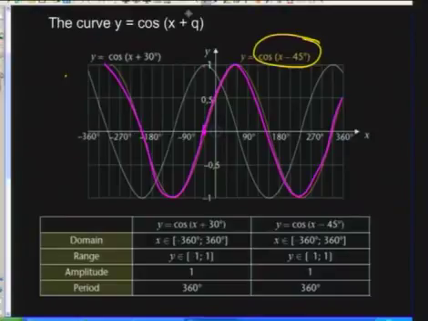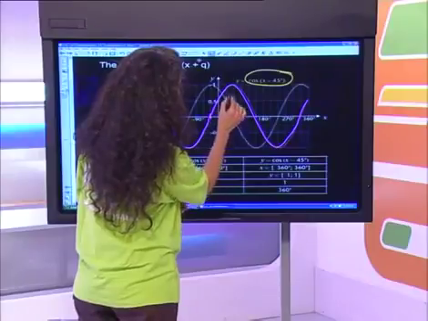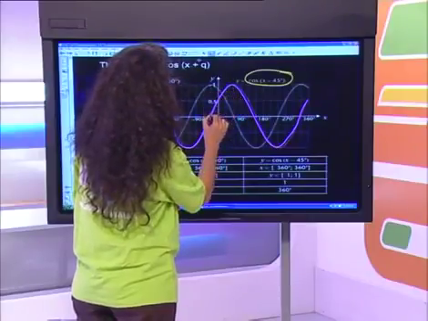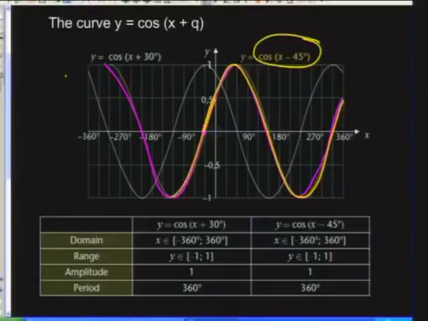So I've actually got my 45. Yeah, I think that's 45. That's the other way around. I should have drawn this one in yellow. That's my 45 there.